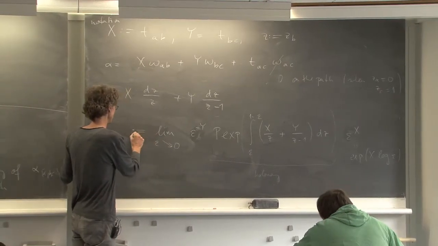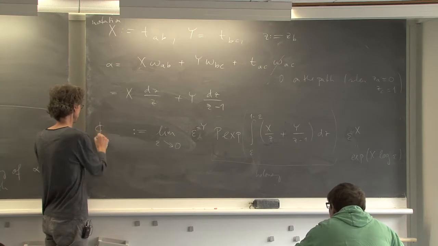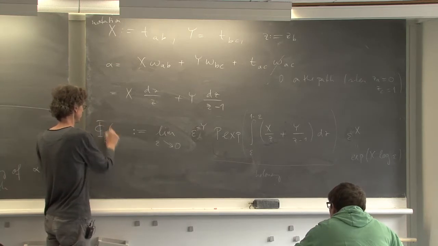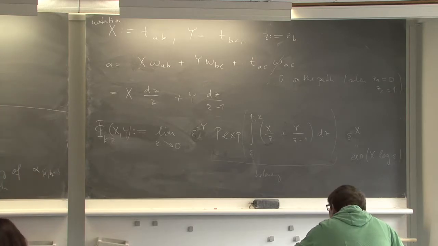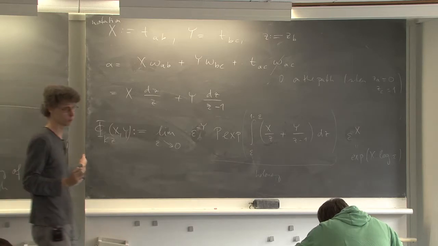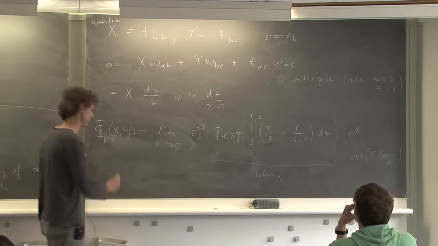Now let's call this phi_KZ of X and Y. And now, first of all, there's the proposition: the limit exists.